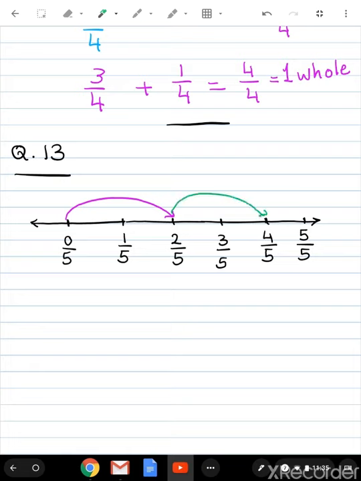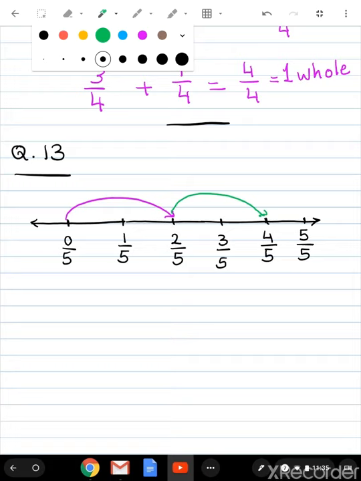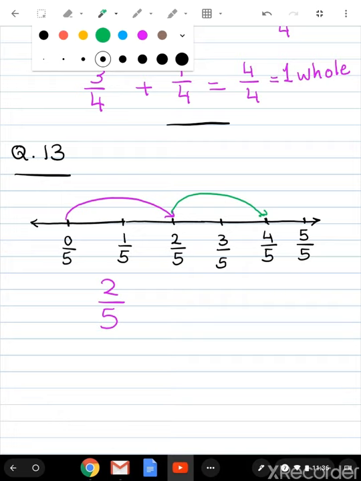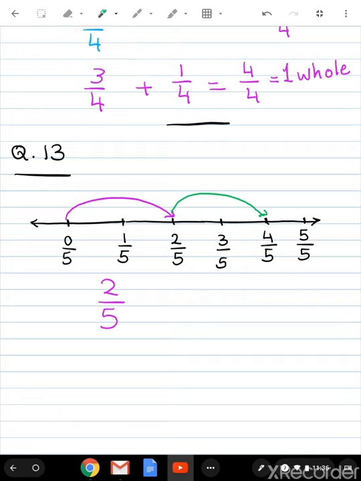So the first part is 2 out of 5. Then we added the second part, which is from 2 to 4 out of 5. This is 1, 2 also out of 5.